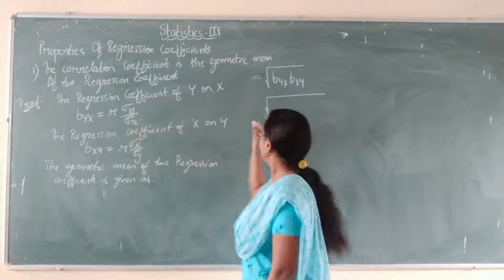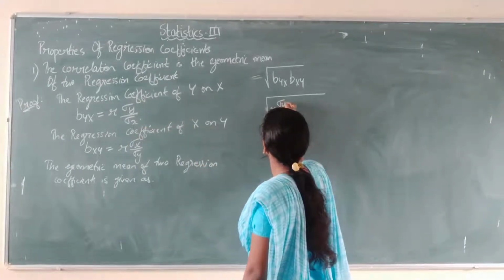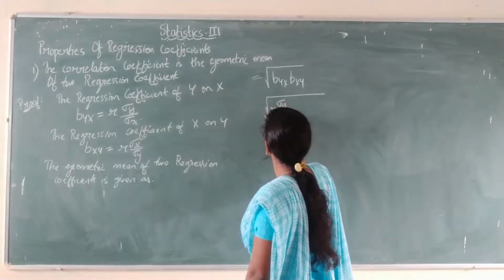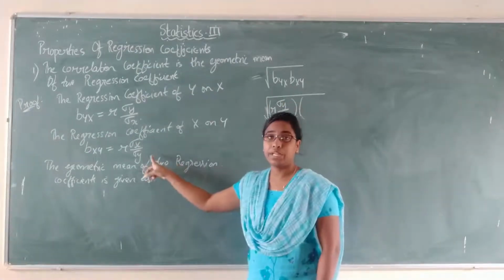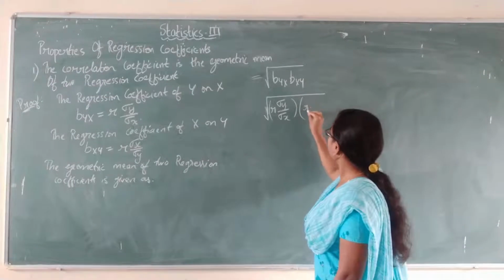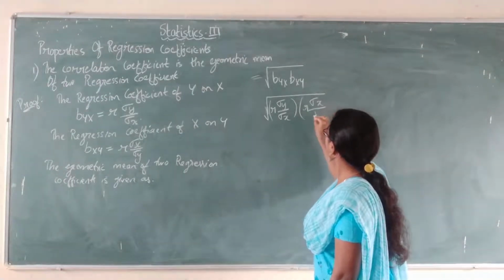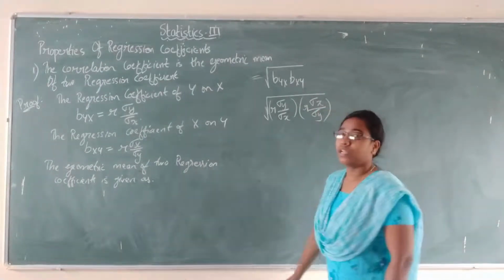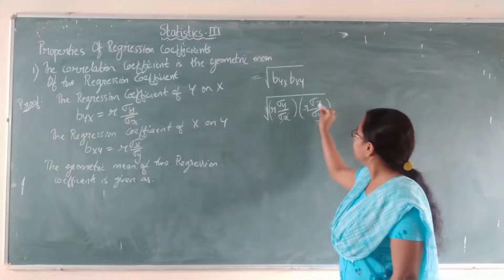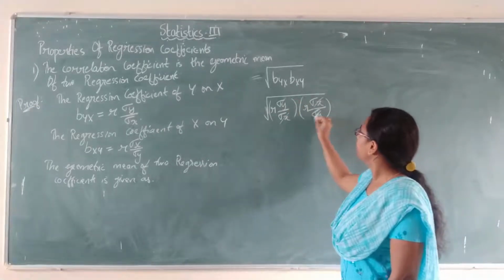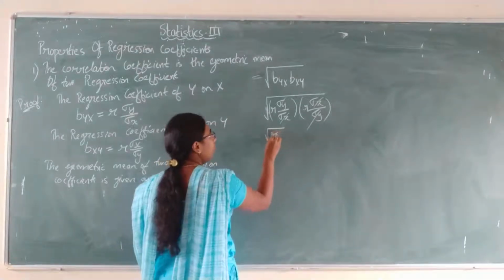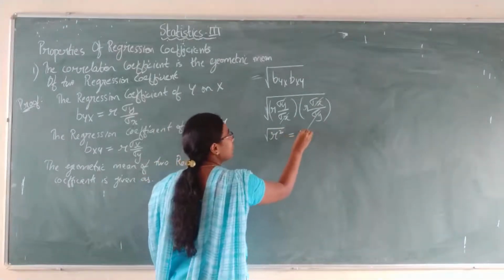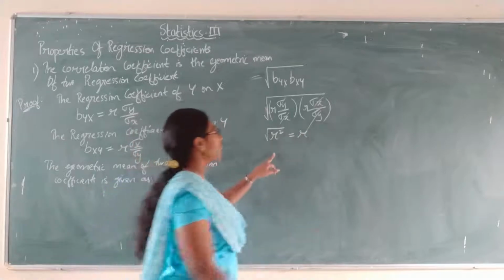Here r into sigma y by sigma x, into the second term, the bxy value, r into sigma x by sigma y. Now sigma x and sigma y are cancelled. So what is the left out term? Under root r square, which is nothing but r. So what is r?